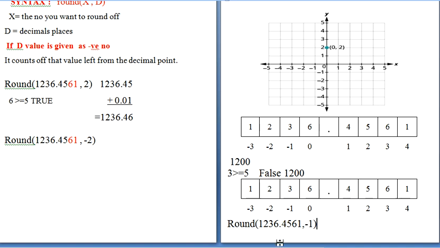What does it indicate? That means up to minus 1 the number should be there. After that it has to remove the remaining excess value.